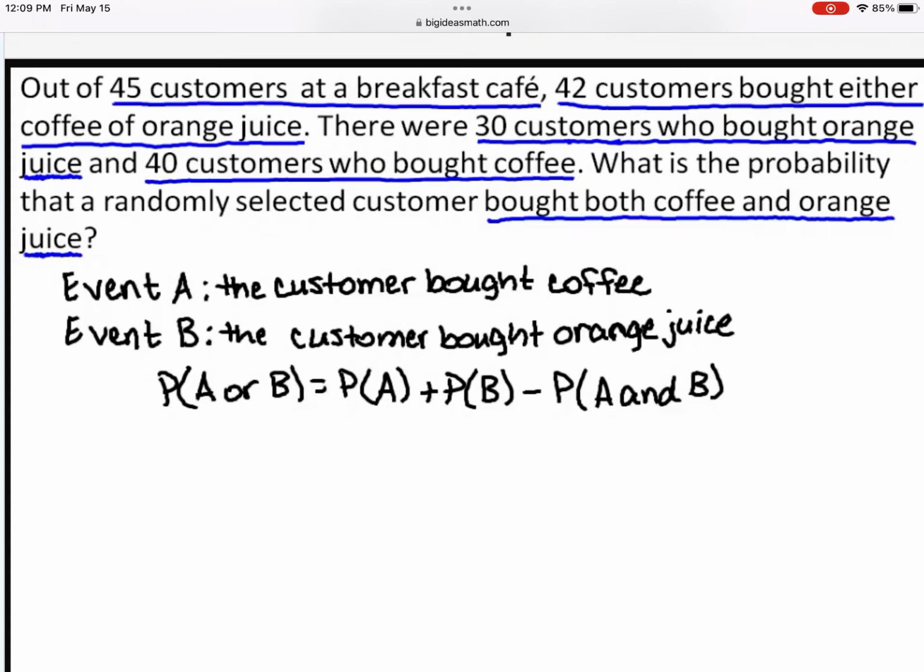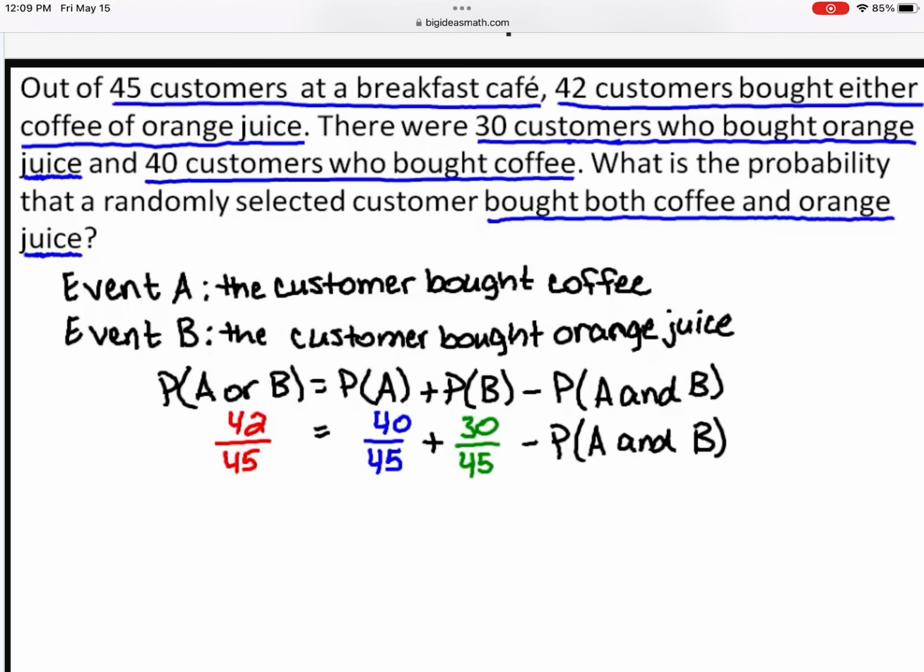From the given information, you know that the probability of event A occurring or event B occurring is 42 divided by 45. The probability of event A occurring is 40 divided by 45, and the probability of event B occurring is 30 divided by 45. The probability that a randomly selected customer bought both coffee and orange juice is the probability of events A and B occurring.